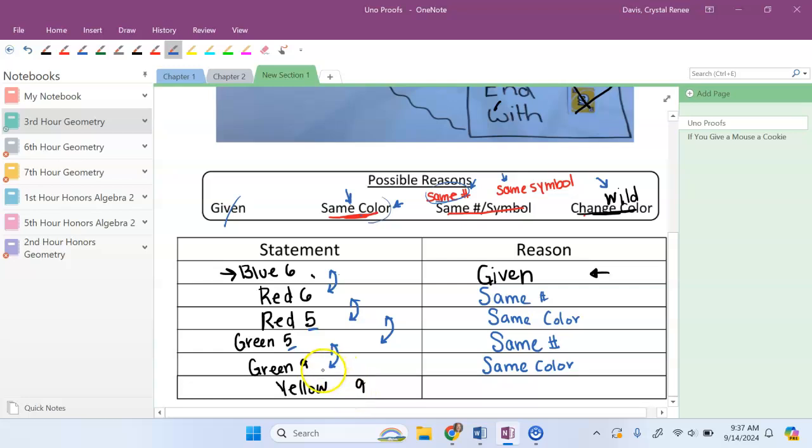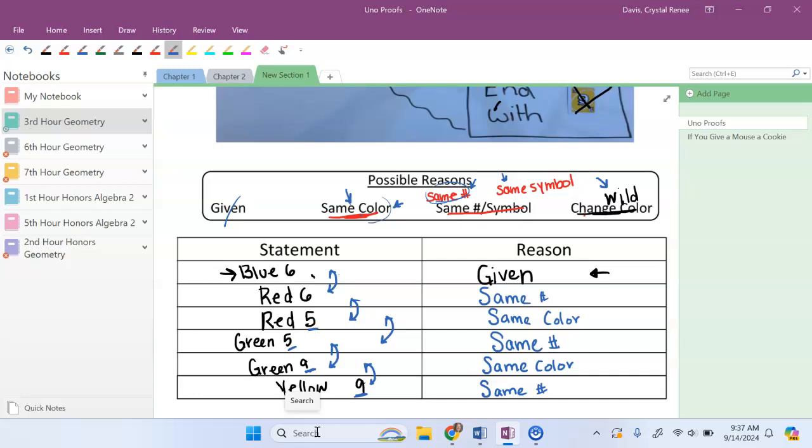Then I went from a green 9 to a yellow 9, so I did change colors, but I can do that because the numbers stayed the same, so they are the same number. So that's the first one. Go in order and get out, and then over here, just say what rule you use. Like I said, it doesn't seem like math, but I promise you it will get back to it.